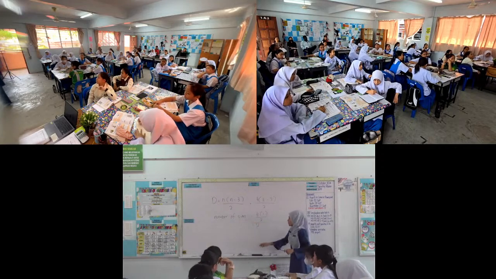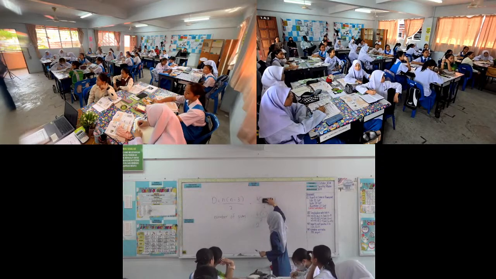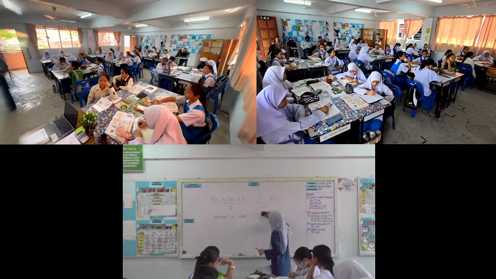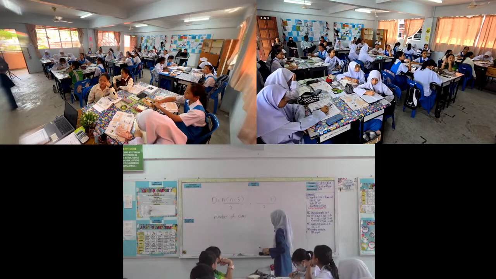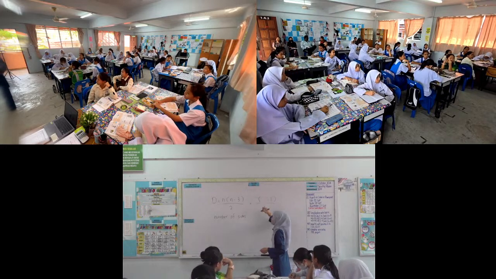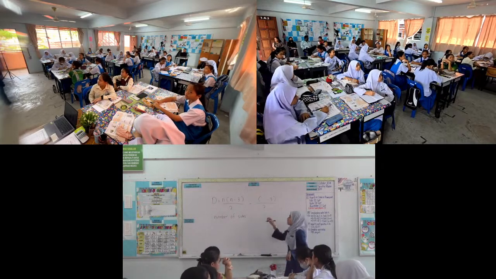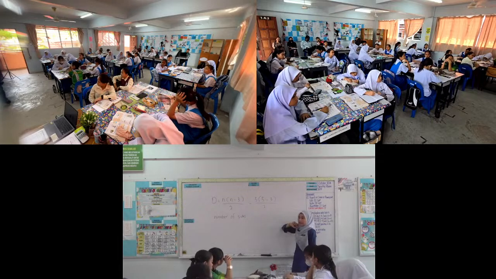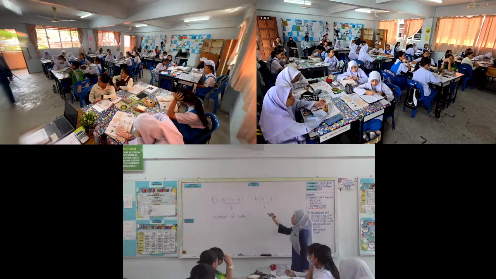Let me test for the number of sides is 5. We call this polygon a pentagon. Now the number of sides is 5. We need to find the number of diagonals. 5 minus 3 will be 2.